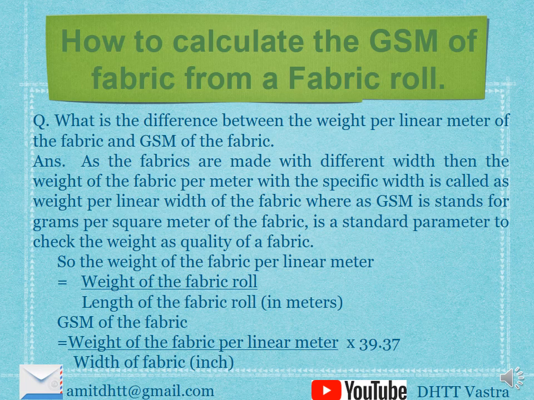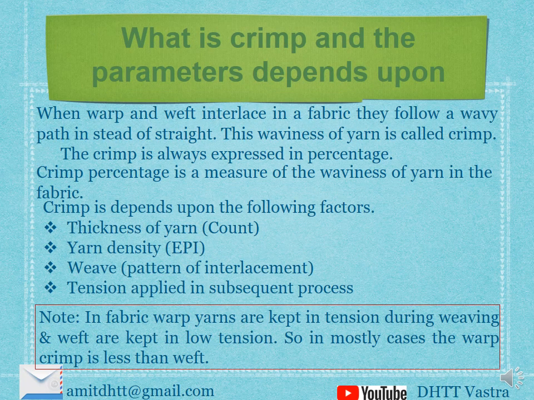Width is divided and 39.37 is multiplied to the linear weight of the fabric. That gives you the GSM, which is the weight divided by the total number of square meters of the fabric.